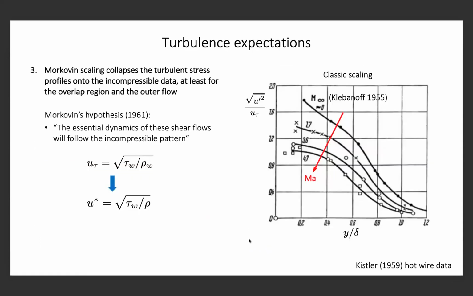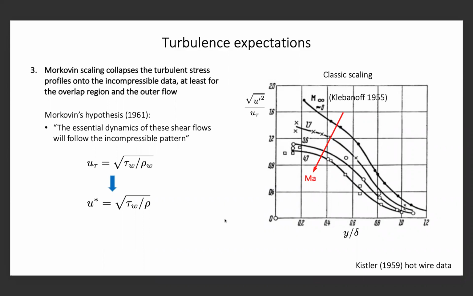What about quantitatively? Well, Morkovin suggested that the turbulent stress in a boundary layer can be collapsed onto the incompressible behavior if we use the local stress as the scaling parameter. And this is the same idea that was under the Van Driest transformation.